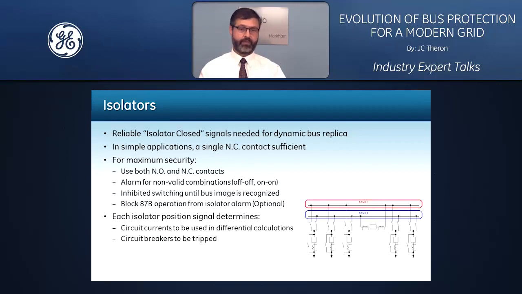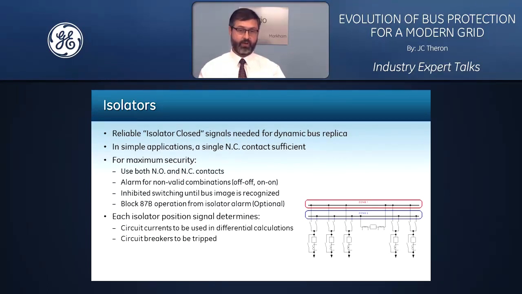And if both of them are in a non-valid combination, for example, both are open or both are closed, then we have to have the ability to alarm for it and inhibit switching of the bus image until the isolator position is reliable.